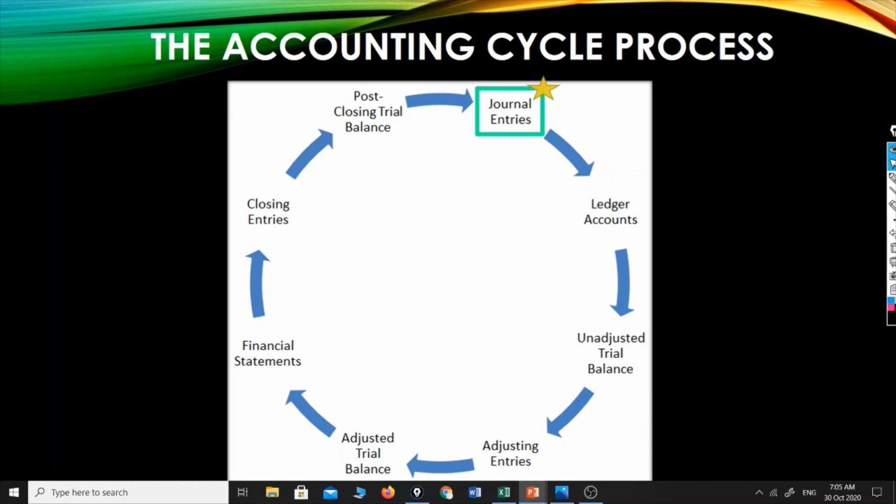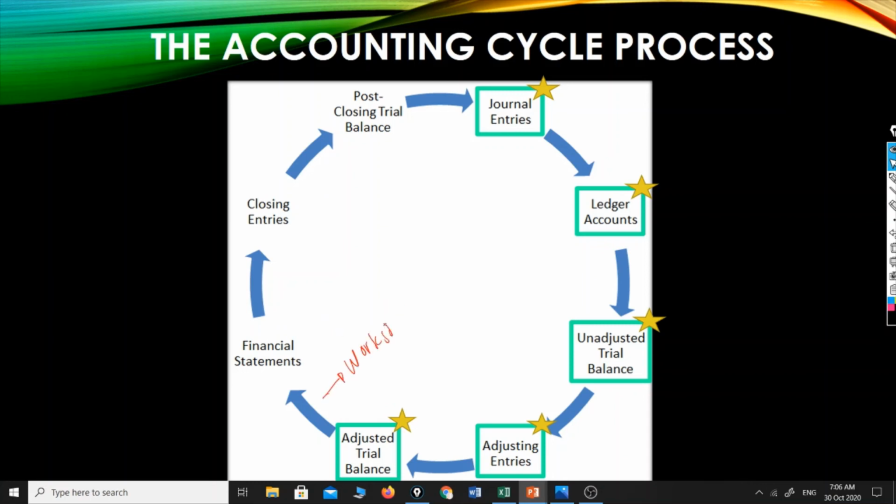We're done with the journal entries or journalizing, posting to ledger accounts, and then preparing the unadjusted trial balance, and adjusting entries or preparing adjusting entries at the end of the accounting period. And then we prepare the adjusted trial balance or the updated trial balance after incorporating all the adjustments. And then we prepare the worksheet here.